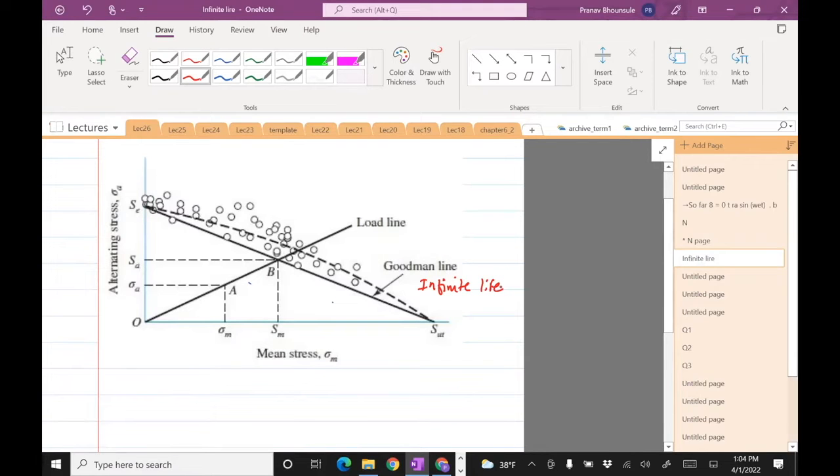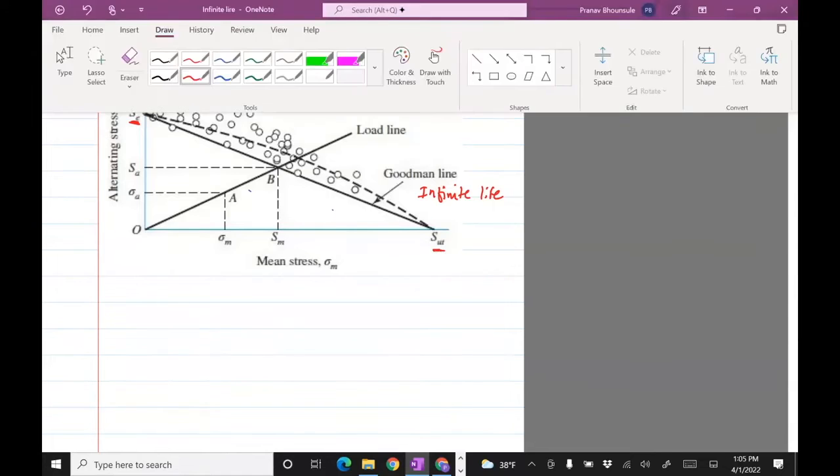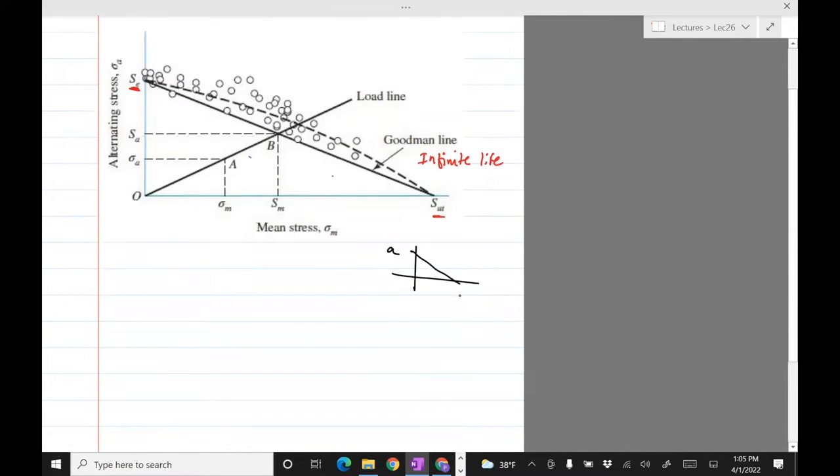Okay, so if you want to model the equation of this curve, we notice that SE is the intersection on the y-axis and SUT is on the x-axis. The equation for a line passing through those 2 points is simply, if you recollect, if A is the intersection on the x-axis and B on the y-axis, then the equation is x divided by A plus y divided by B equals 1.